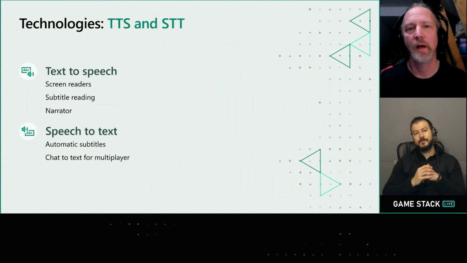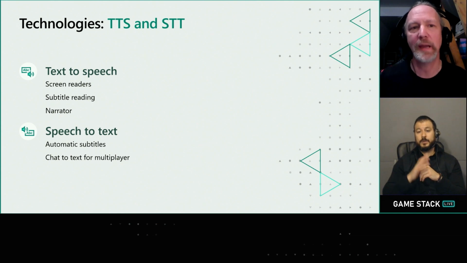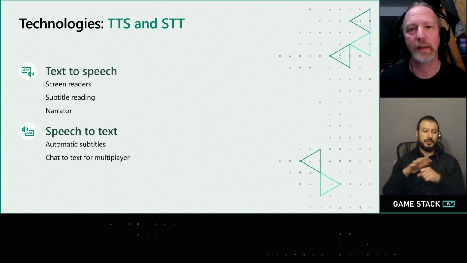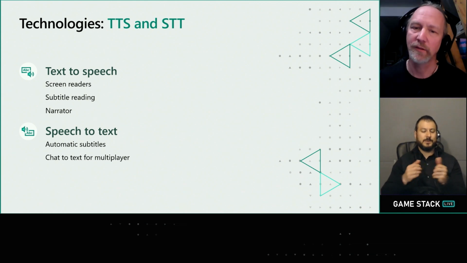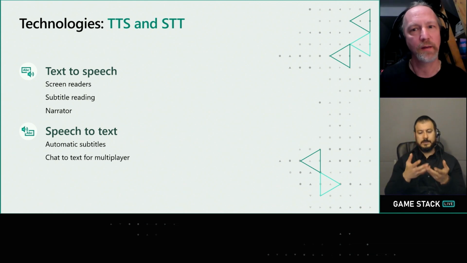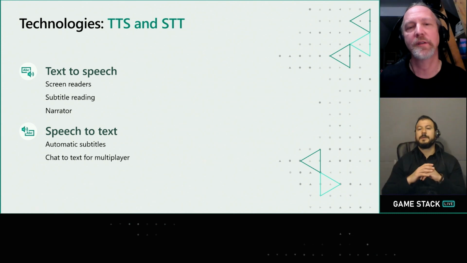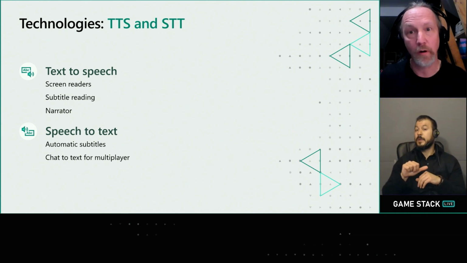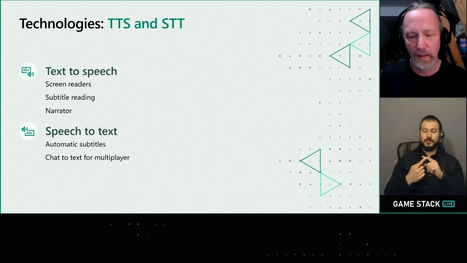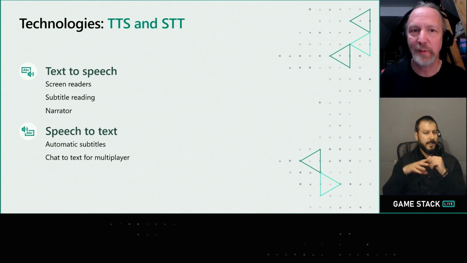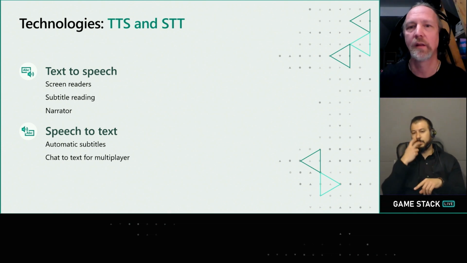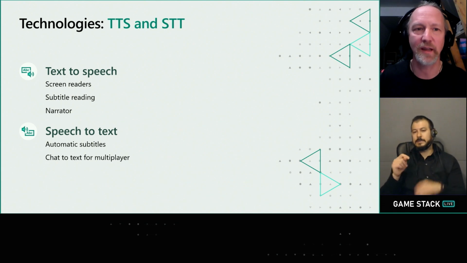So we've talked about two major areas for bringing accessibility to gamers without sight: spatial sound and acoustics. A couple of other technologies to consider for audio accessibility are both text-to-speech and speech-to-text technologies that exist today.